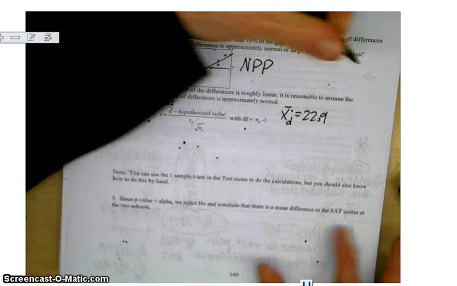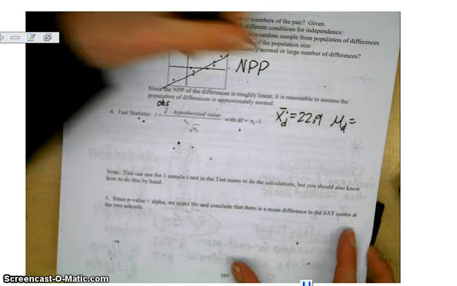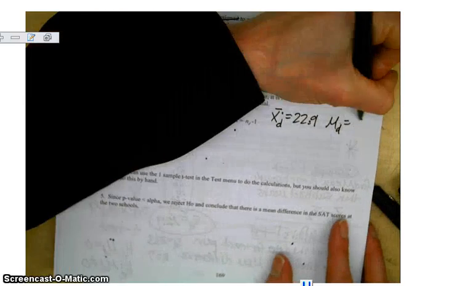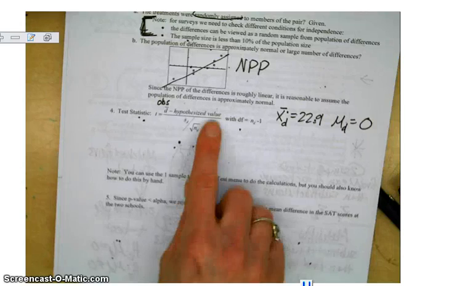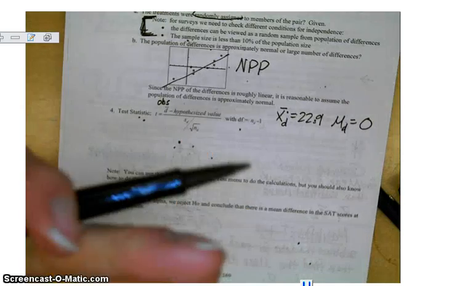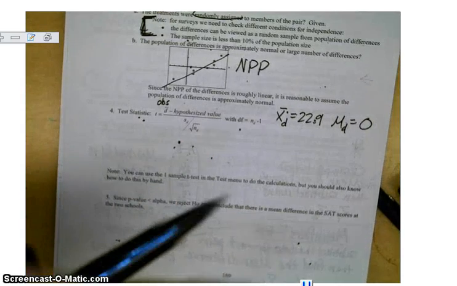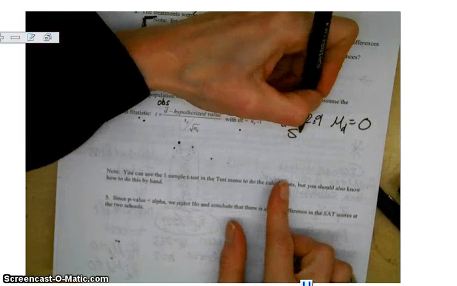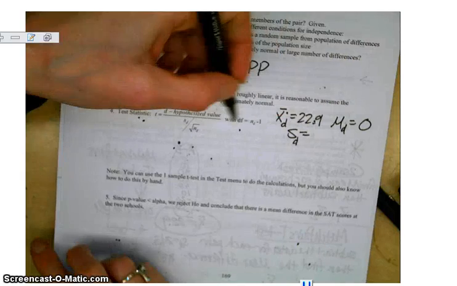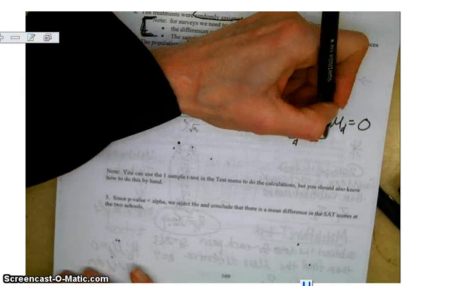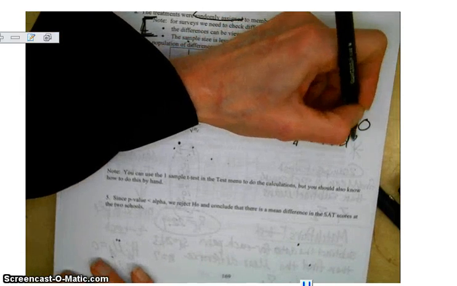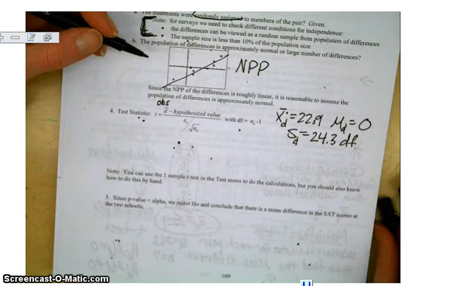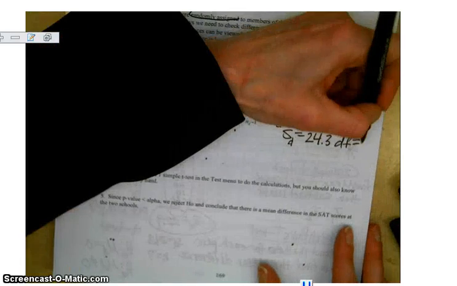What is my hypothesized difference? It's 0. The hypothesized value is the number in the null and alternative hypotheses. And then my standard deviation from the previous page was 24.3. And how many degrees of freedom would I have? 6. N minus 1, yep.